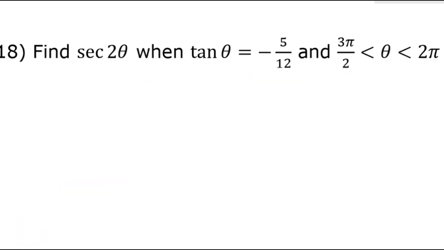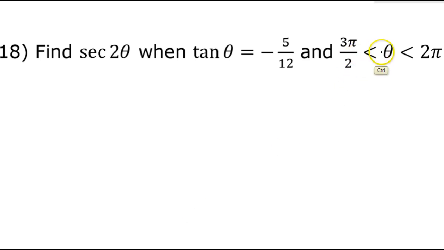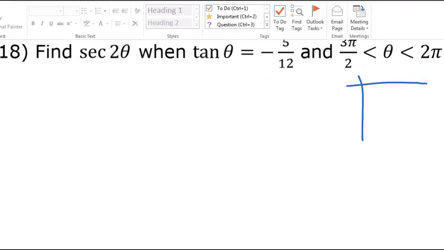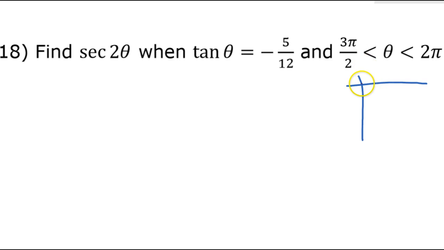For number 18, theta is between 3 pi over 2 and 2 pi, so we are talking about the fourth quadrant. I'm just going to draw a little sketch in the fourth quadrant. Okay, tangent is y over x, so that tells me that y is negative 5 and x is 12.